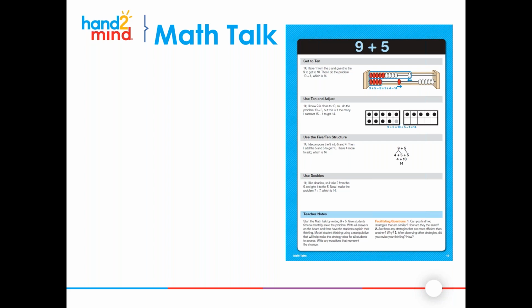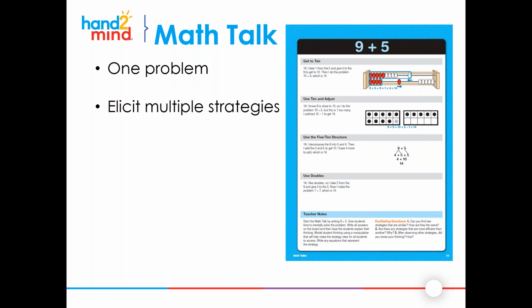Because here's the thing, every kid is going to see a different relationship when they look at 9 plus 5. My main goal is, as long as it is efficient and they're being accurate, that's what we're looking for. So math talks are one problem. They elicit multiple strategies.